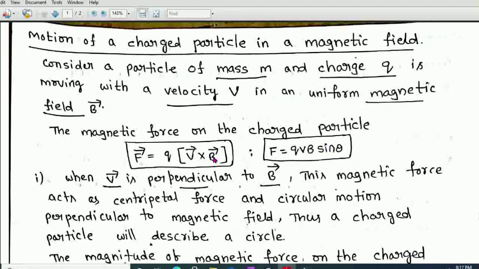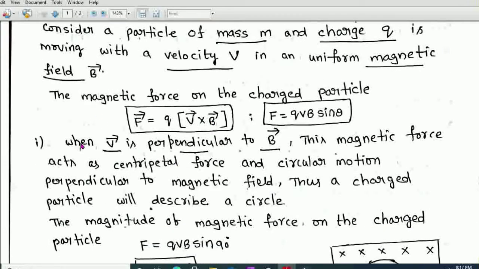Now let us discuss different cases. The first case is when V bar is perpendicular to B bar. That means V bar and B bar are perpendicular to each other, and the angle between V bar and B bar is 90 degrees.